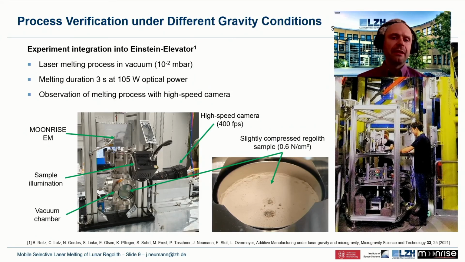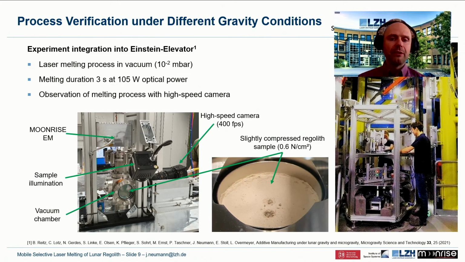For this, we integrated our experiment in the Einstein Elevator, which can be seen on the lower left. We have this Moonrise engineering model. We have a vacuum chamber where the regolith is placed.